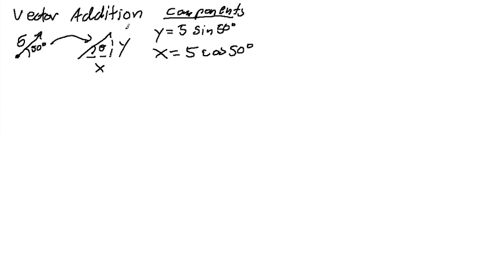Now, in order to add vectors, let's say we're given two vectors over the x and y. Vector number 1 is the one we just worked up here, 5 at an angle of 50 degrees.